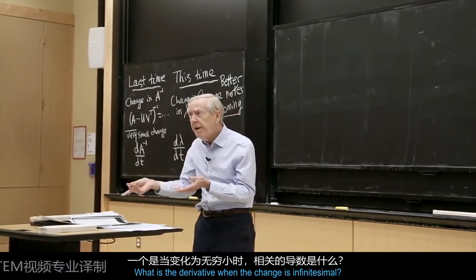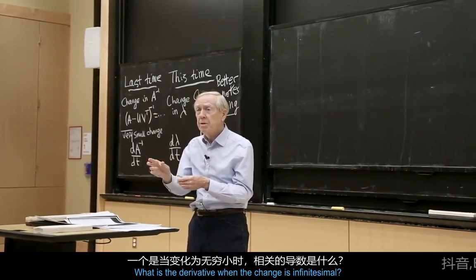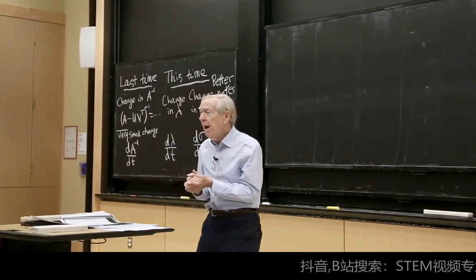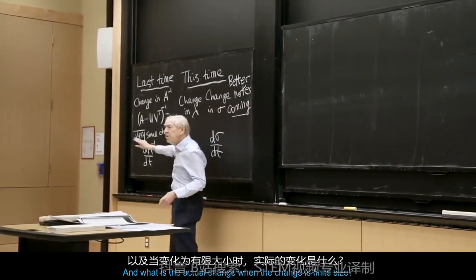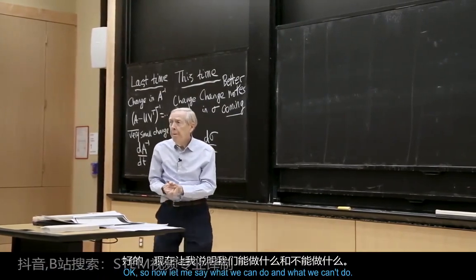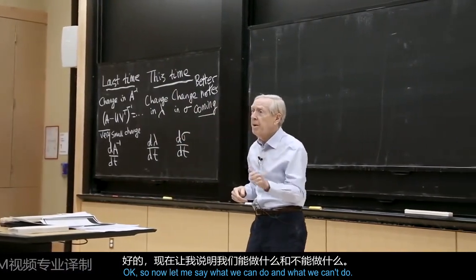What is the derivative when the change is infinitesimal? And what is the actual change when the change is finite size? Okay, so now let me say what we can do and what we can't do.